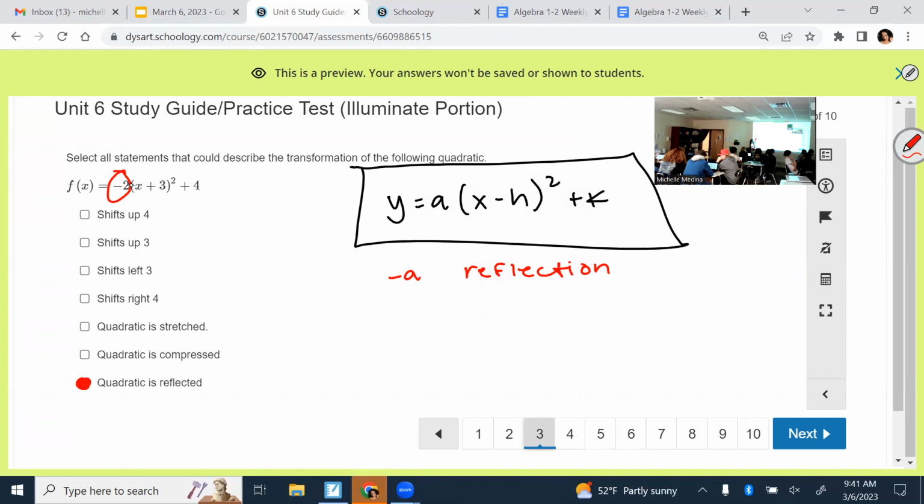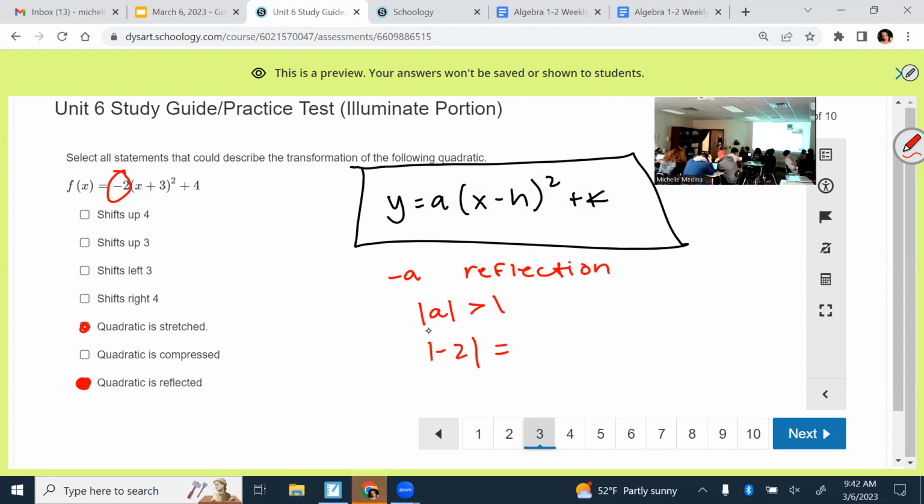If it's a 2, would that be stretched or compressed? Okay, Julian says stretched. Anyone disagree with him? All right, so yeah, it is stretched. Because if the absolute value of A is greater than 1, it doesn't matter if it's negative.